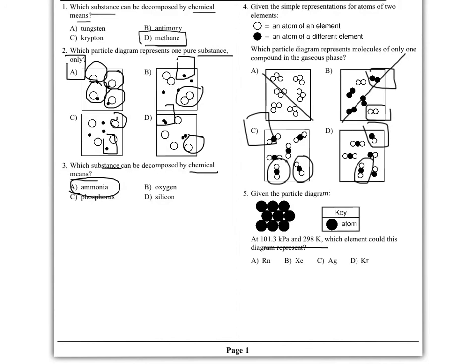Anything standard is basically considered everyday conditions. So under everyday conditions of pressure, and then this 298 Kelvin is essentially room temperature. If we use reference table T, we'll see that's 25 degrees Celsius. Again, room temperature.